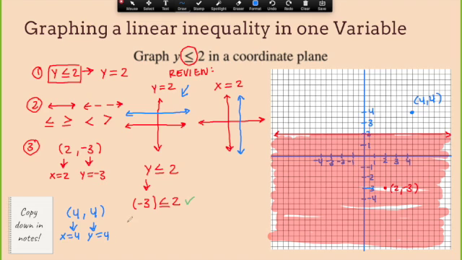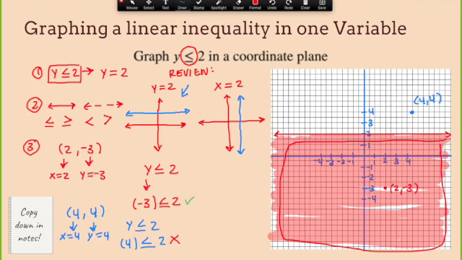If I plug that into y less than or equal to 2, you're going to see that I get 4 is less than or equal to positive 2, and that is a false statement. So because of that, this point is not a solution to this line here. The only ones that are solutions are going to be any point given down below here.